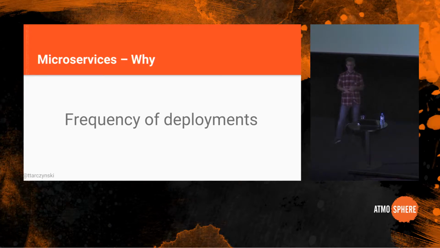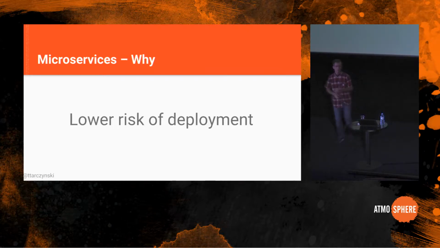And it's because, again, if this work is done independently, in each of the components, the small applications, we should be able to deploy them frequently, iterating on a daily basis, not once per month. The risk of deployment should go significantly down, also because of the cycle we work in.